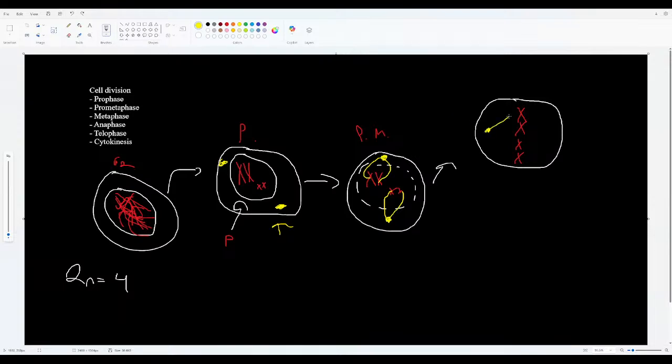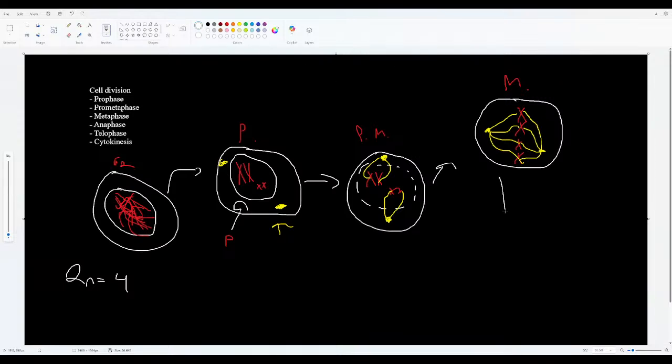We have these centrosomes that have bound the spindles to the centromere, and this is metaphase. At metaphase, the chromosomes are aligned at the center, primed and ready for splitting.